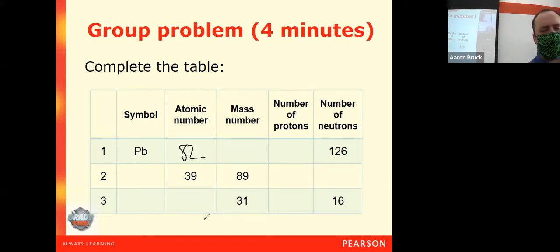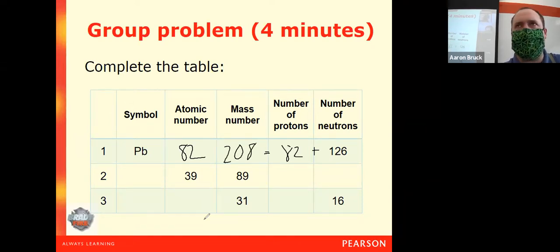And that also matches its number of protons. To find the mass number, I need to add together 82 plus 126. And when I do that, it gives me 208 as the mass number for lead. So we are dealing with lead 208.